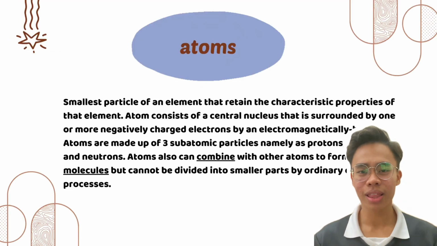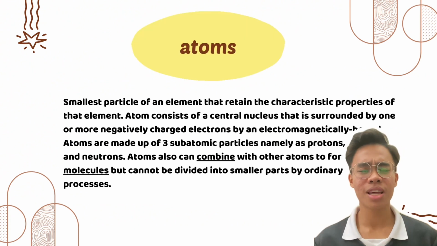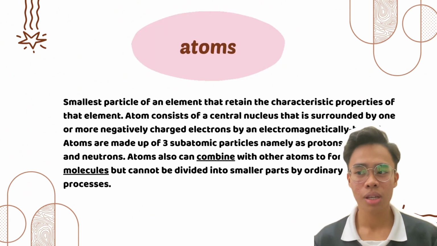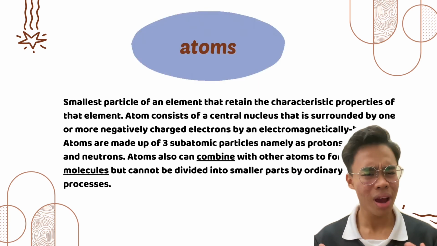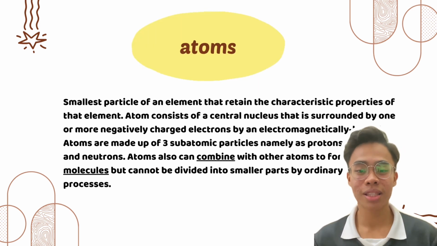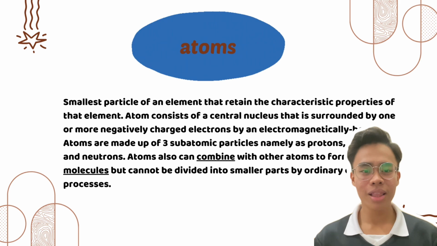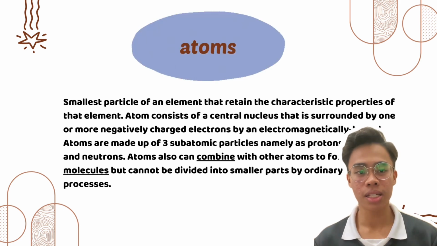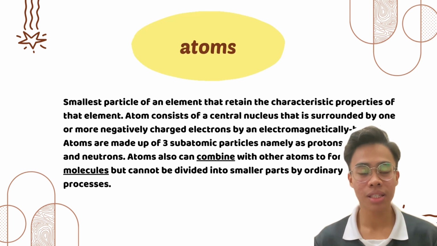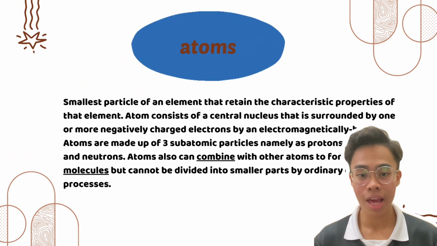So, what is atom? Maybe there are some of us that didn't know about atoms and don't have any idea what atoms are. So without wasting any time, let's check it out. Atom is the smallest particle of an element that retains the characteristic properties of that element.